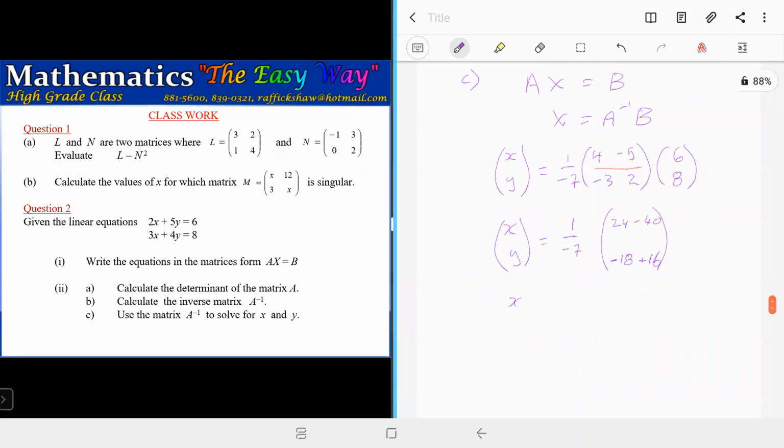And so your xy becomes equal to 1 over -7 times: 24 minus 40 is -16, and -18 plus 16 down here is -2.